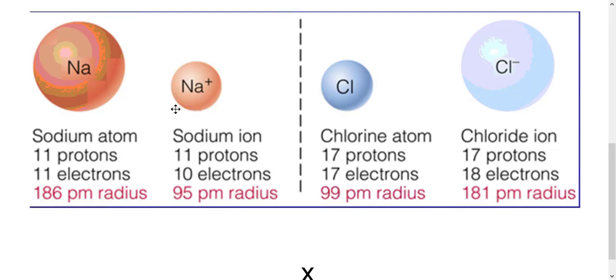It's going to become smaller because it lost an electron. The size is going to drop a lot, actually. Versus a chlorine atom, which has 17 protons, 17 electrons. When it gains an electron, it still has 17 protons, but it has 18 electrons, so it's going to get a lot bigger. Let's look at a couple more images for this.